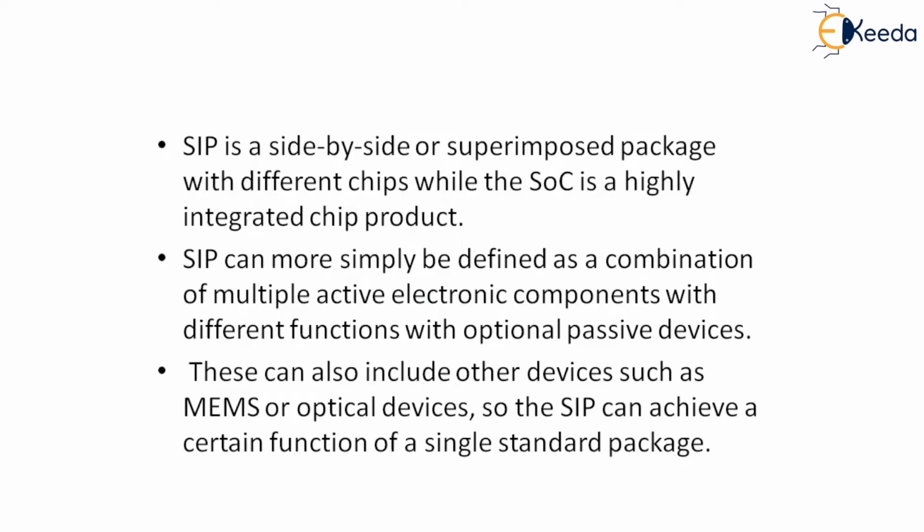So it may use passive devices or not. It can also include other devices such as lamps or optical devices, and the system in package can achieve a certain function in a single standard package.